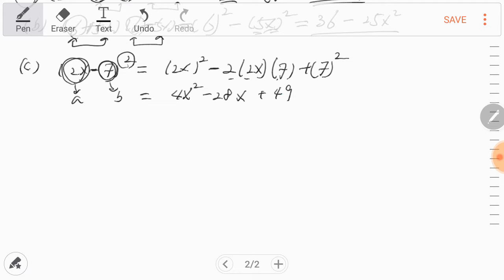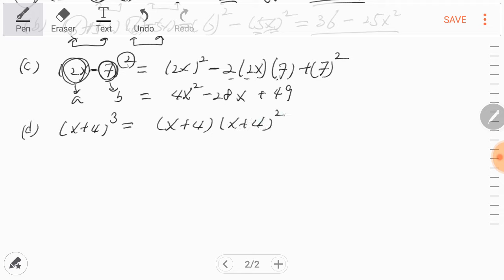Okay, let's do another one: x plus 4 cubed. This can also be a special product, but without using the special product, let's use the regular method. Cube means we're multiplying x plus 4 three times.